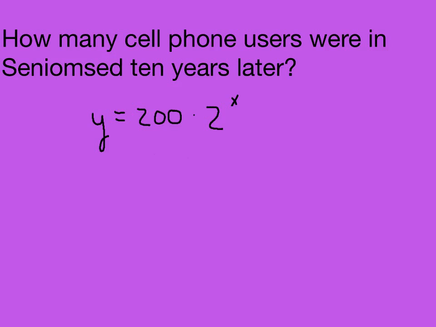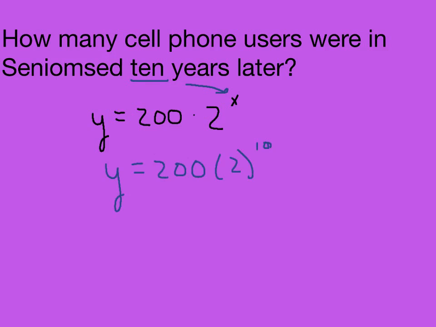You also may then have to know how you are going to use that function. So here's the function we wrote in the previous slide. Now I want to know how many cell phone users were in Exponential 10 years later. Well, the 10 years becomes that exponent. So now y equals 200 times 2 to the 10th power.